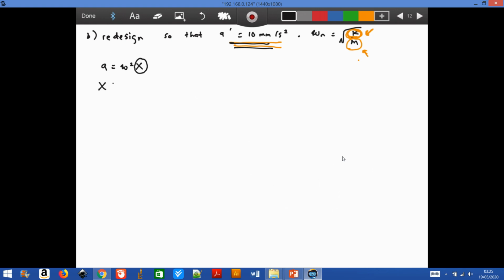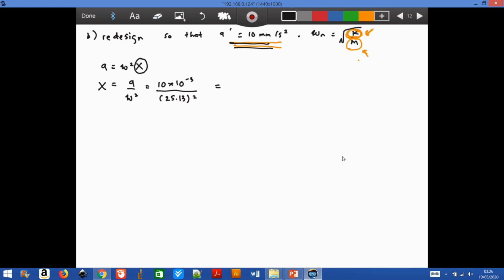So x is A over omega squared, which is 10 millimeter per second squared over 25.13 squared.